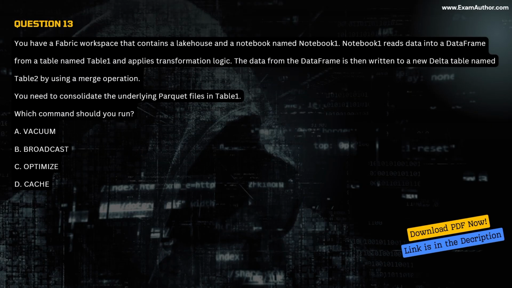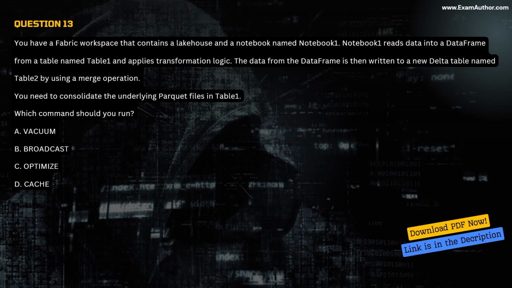Question 13. You have a Fabric workspace that contains a lakehouse and a notebook named Notebook 1. Notebook 1 reads data into a data frame from a table named Table 1 and applies transformation logic. The data from the data frame is then written to a new Delta table named Table 2 by using a merge operation. You need to consolidate the underlying Parquet files in Table 1. Which command should you run?